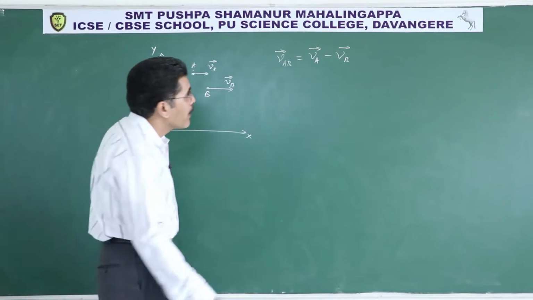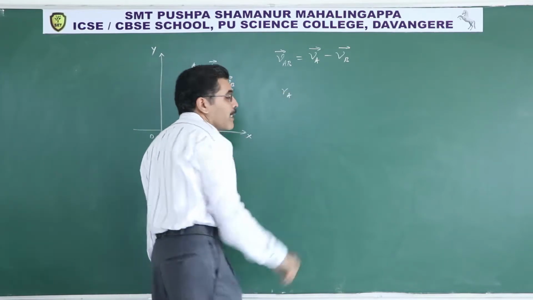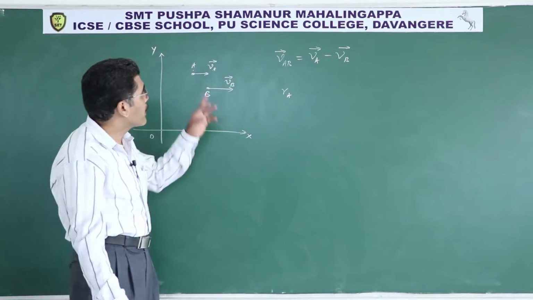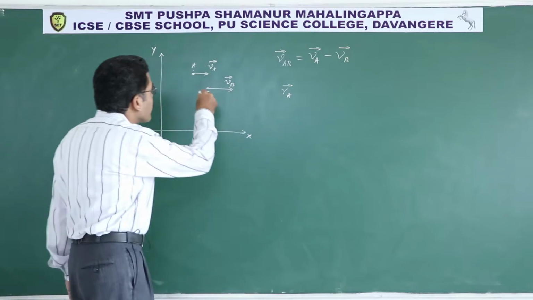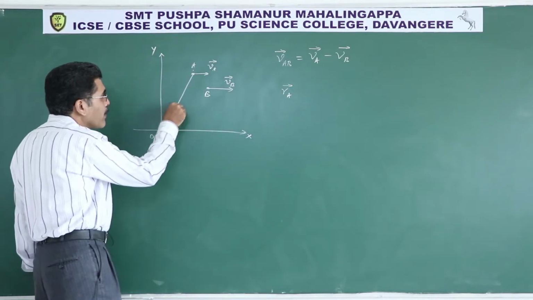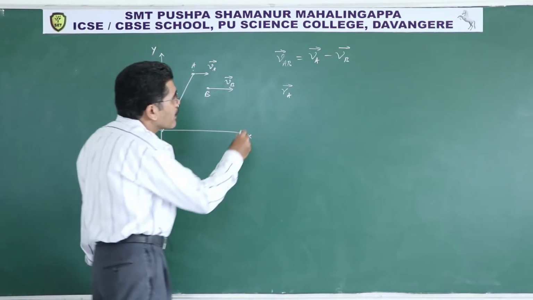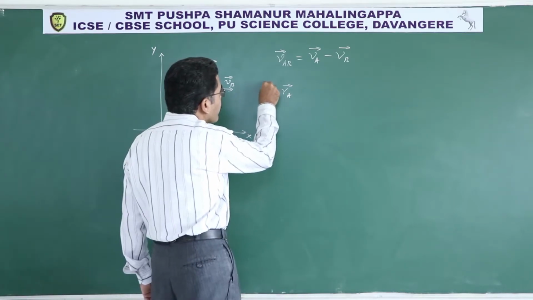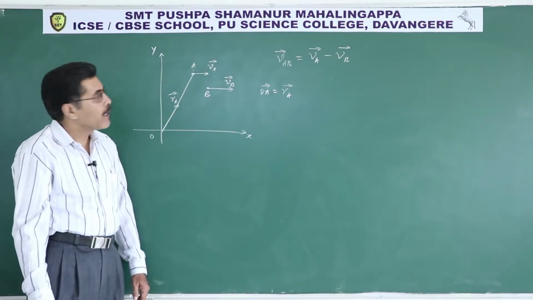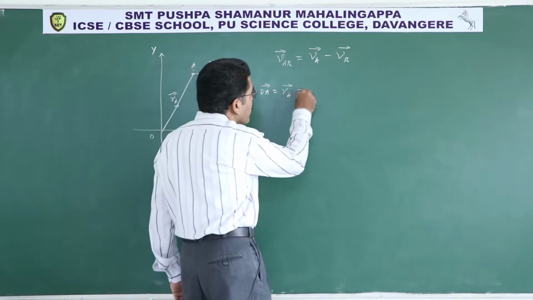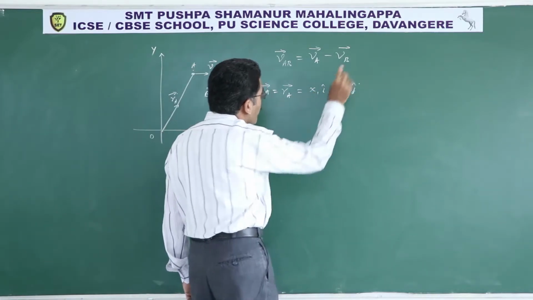For example, RA is the position vector of particle A, which is nothing but OA. OA is given by RA, and this is x1 into i cap plus y1 into j cap.